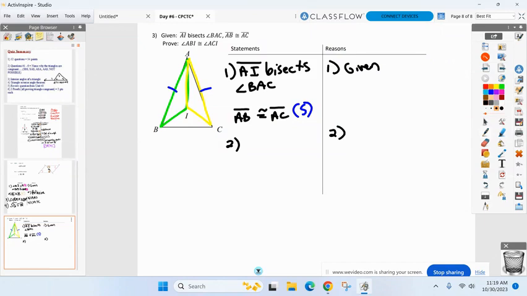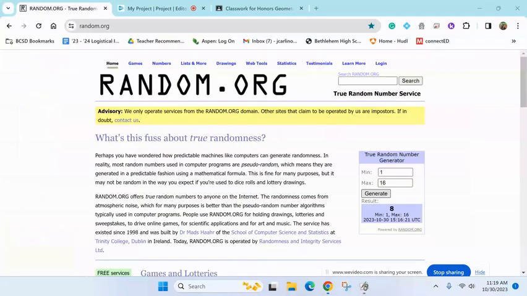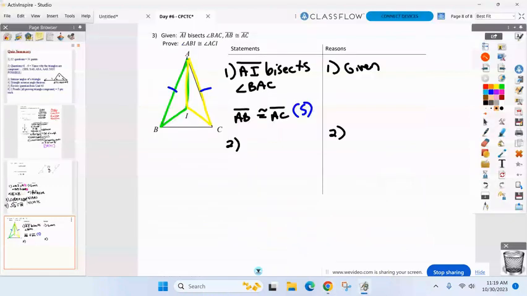All good? All right, I got a pair of sides. Name something else I can use because we need two more pair here. Will, give me something else.